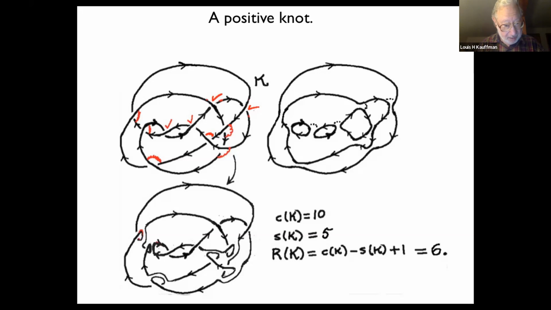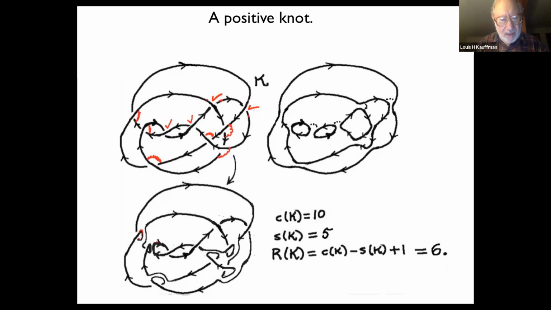because of the chaining. And this will work for any knot, not just a positive knot. Any knot can be undone by the number of crossings minus the quantity, one less than the number of Seifert circles. And of course, that's the number of crossings minus Seifert circles plus 1. Any knot can be undone by that many reconnections.